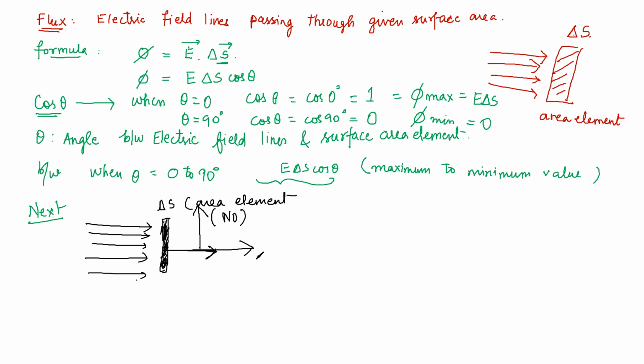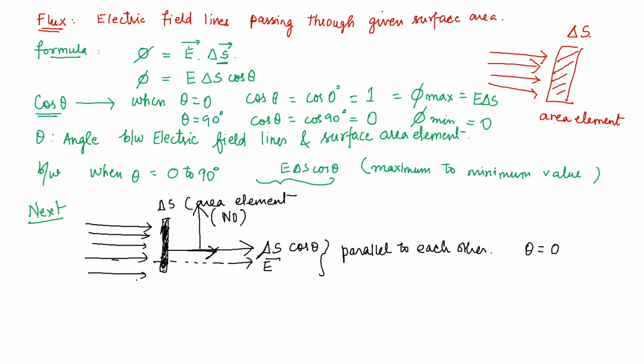This particular direction is given as del S cos theta, and these electric field lines, if you extend them, you will find that they are parallel to each other. Hence, they have theta equals 0.